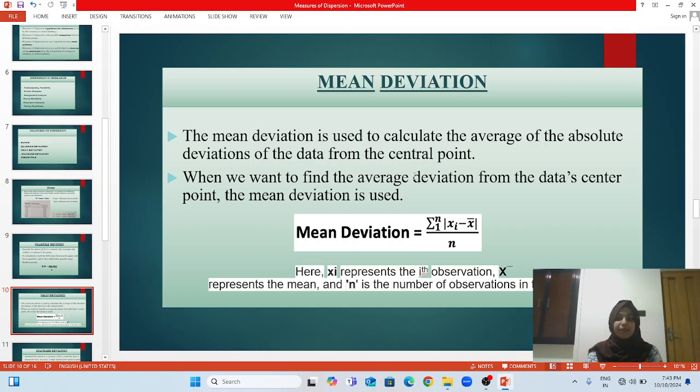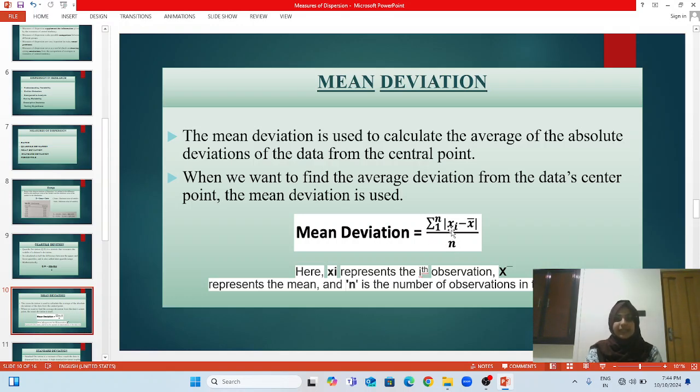So we fix the mean value and we calculate the deviation of each of the observations in the data set. We have an equation to find the mean deviation, that is sigma i equals 1 to n of mod of xi minus x bar, whole divided by n.